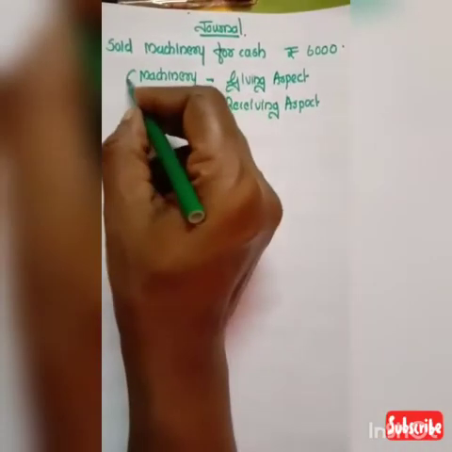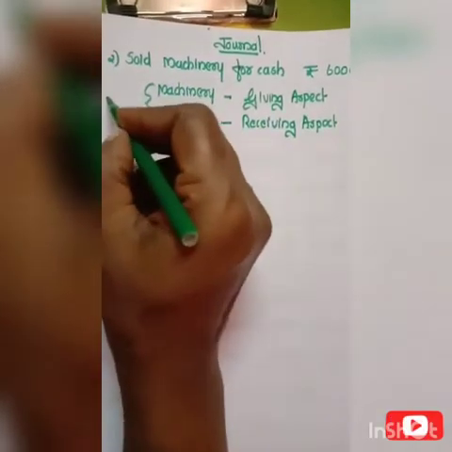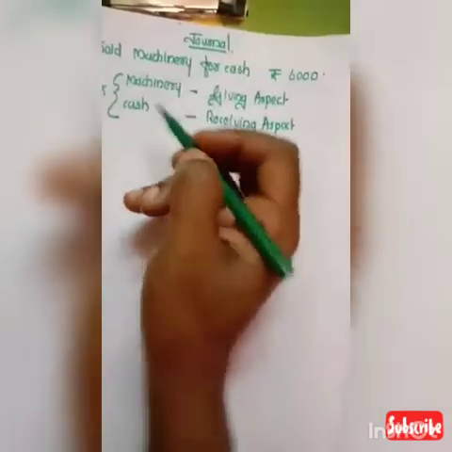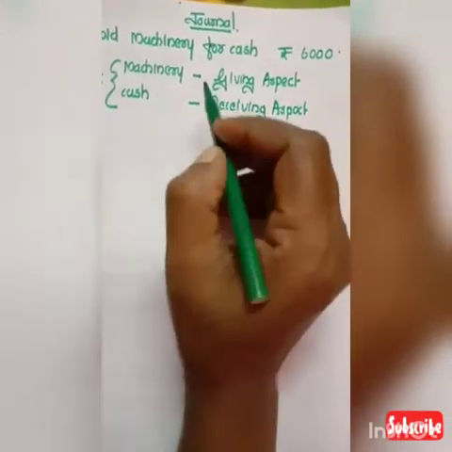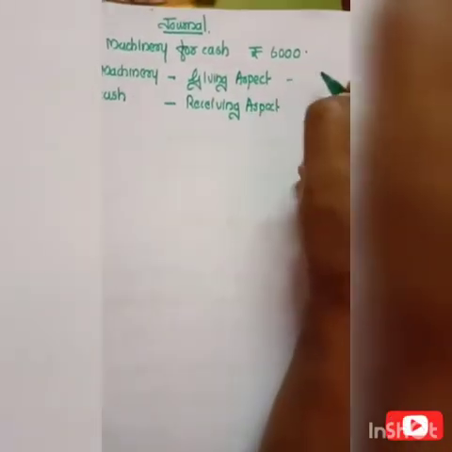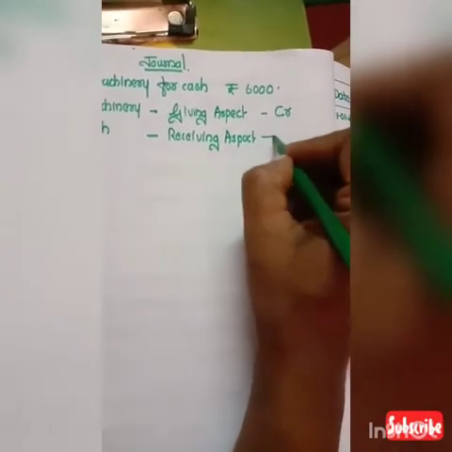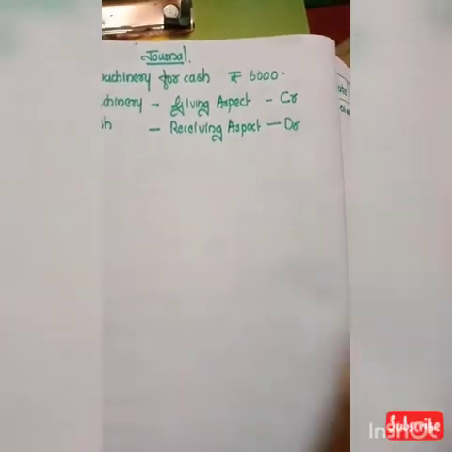Both are assets. One asset is increased and another asset is decreased. Here we are giving machinery as credit and cash as debit.